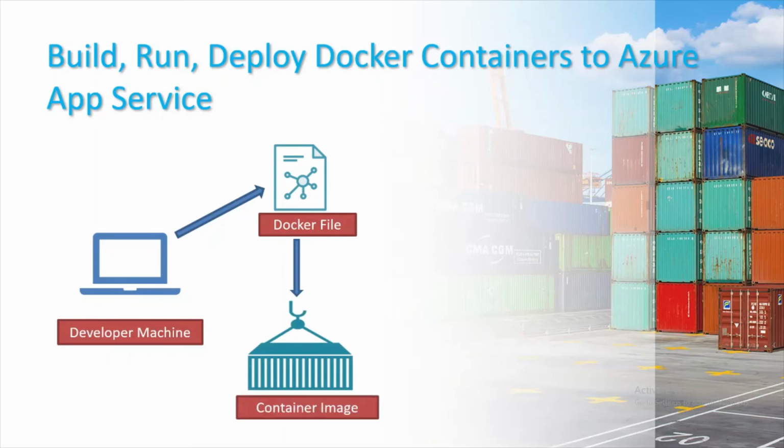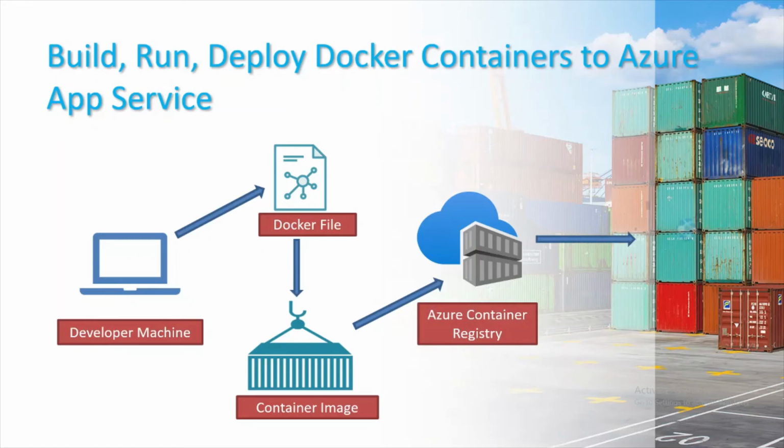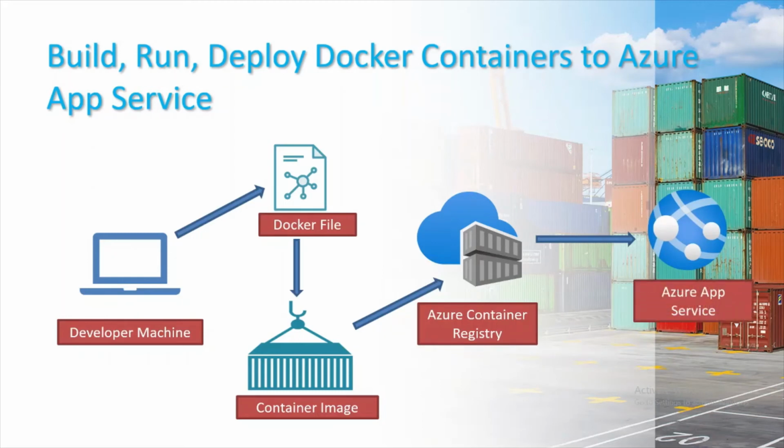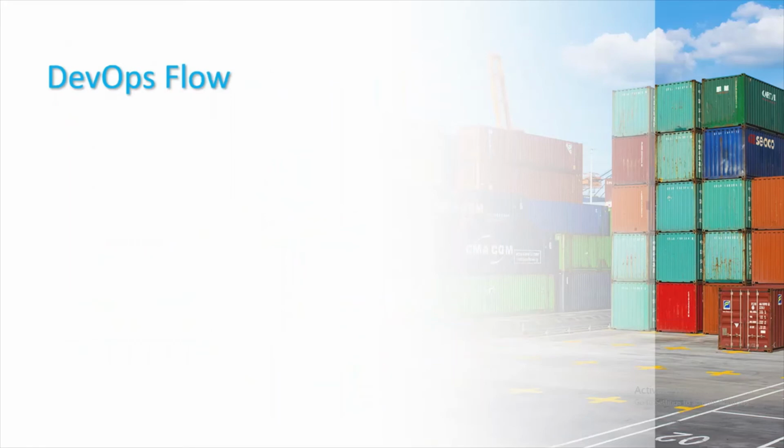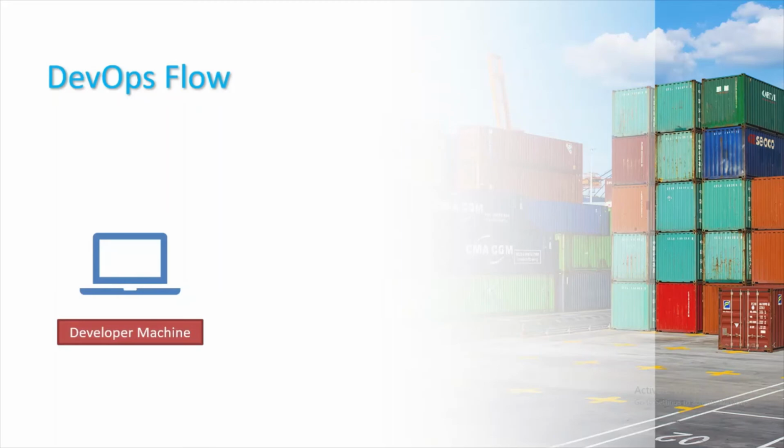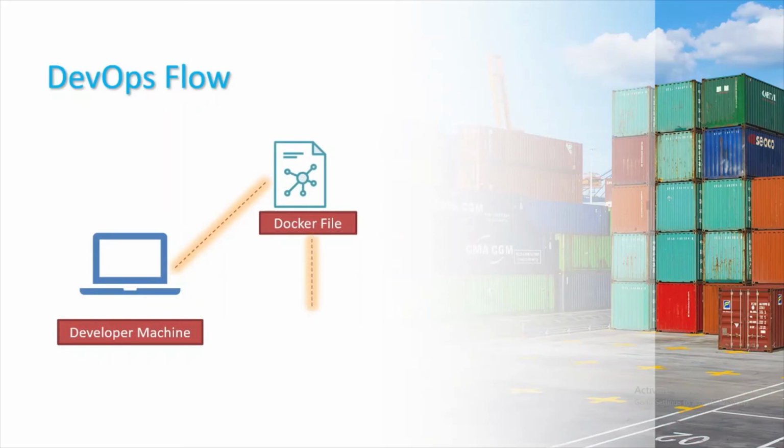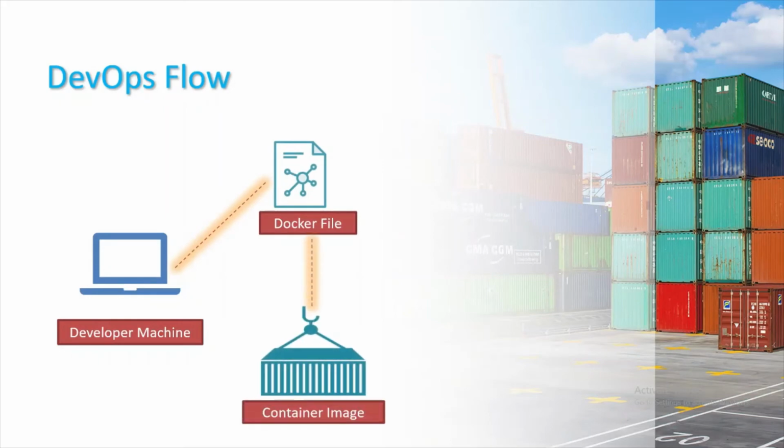Next, we push that container image to the Azure Container Registry, and then Azure App Service picks up the new changes in the Azure Container Registry and deploys them to Azure App Service. So we have a DevOps flow like this: the developer makes some quick changes in their code and builds the Docker image using the Dockerfile, and now they have a container image available.